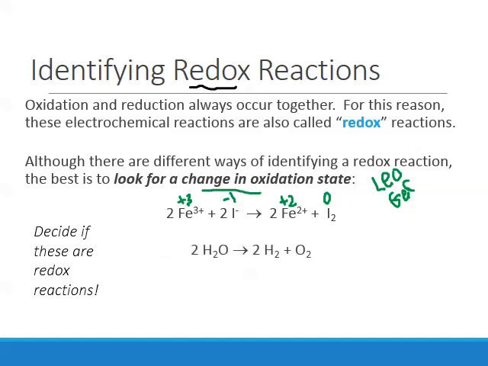Water decomposes to become hydrogen and oxygen gas. Is this redox? Well, within the water, we see hydrogens, so we know that their oxidation states are positive 1. On the right, the hydrogen there is just the element hydrogen, so 0 is its oxidation state. So since there's been a change of oxidation state for hydrogen, this must be a redox reaction. And more specifically, to go from plus 1 to 0, the water here has gained an electron.